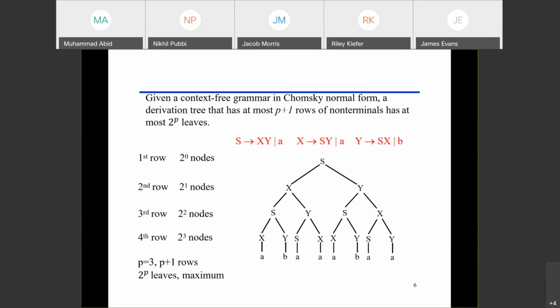So look at this one, what we are saying. We have this grammar here and we have a derivation tree and it has p plus 1 rows. So when we say p plus 1, p means live productions and 1 row of non-terminals, it has at most 2 raised to power p leaves.